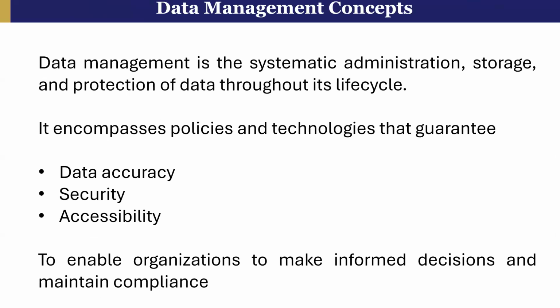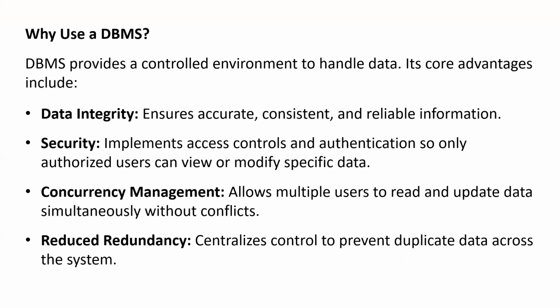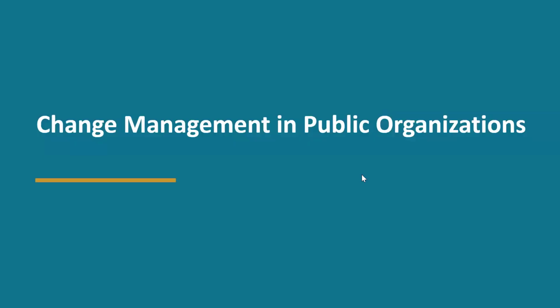And we looked at data management concepts. Data must be accurate, it must be secured, and it must be accessible. This accessibility is for those who are authorized to use the system. Database management system is very important because it provides that control environment to help handle data. It has a number of advantages.